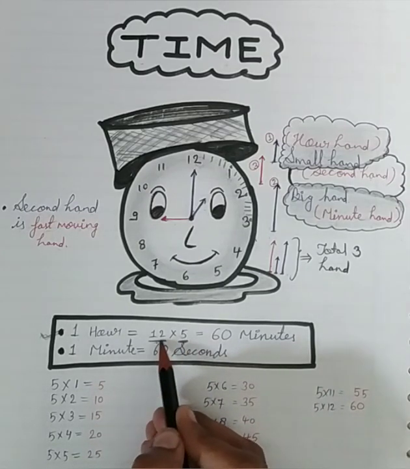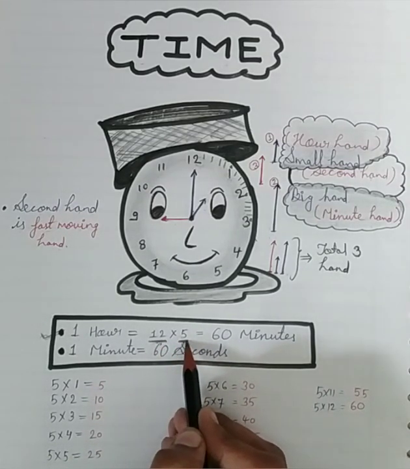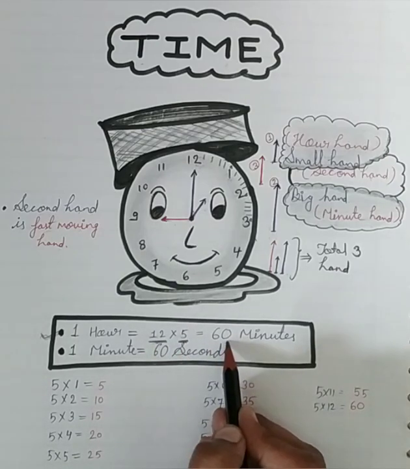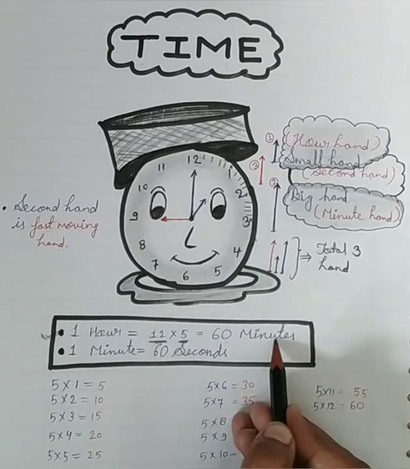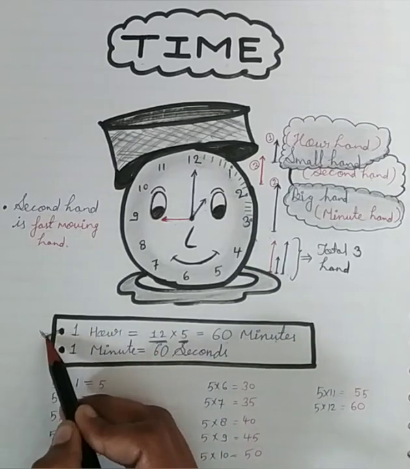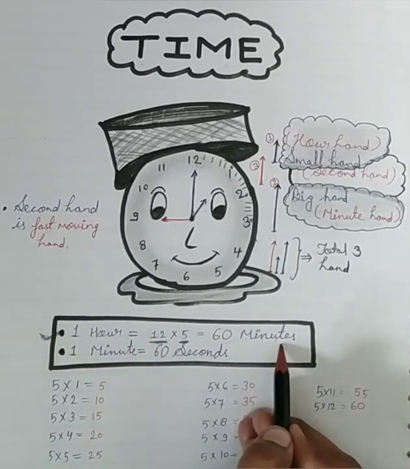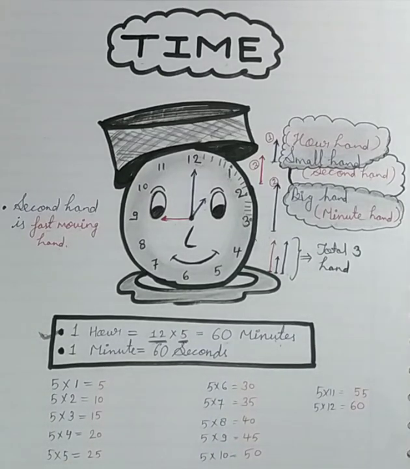When we multiply 12 by 5, it comes to 60 minutes. So that's why I wrote here 1 hour is equal to 60 minutes. Now if I ask, how many minutes are in 1 hour?